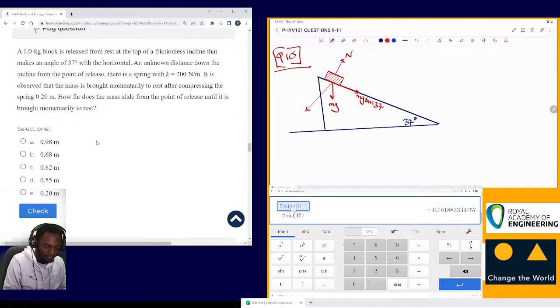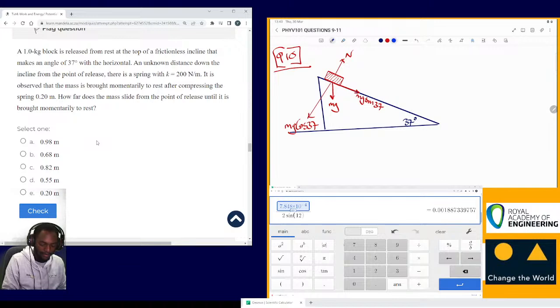Component of the force perpendicular, mg cos 37. So I've just tried to show the forces that are on this system.